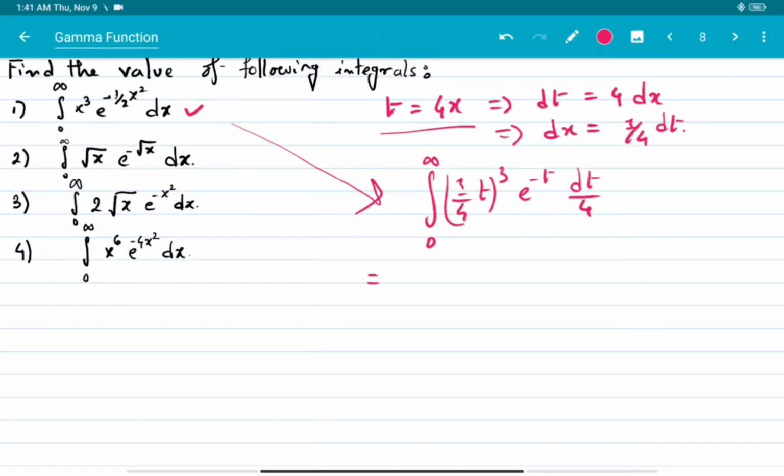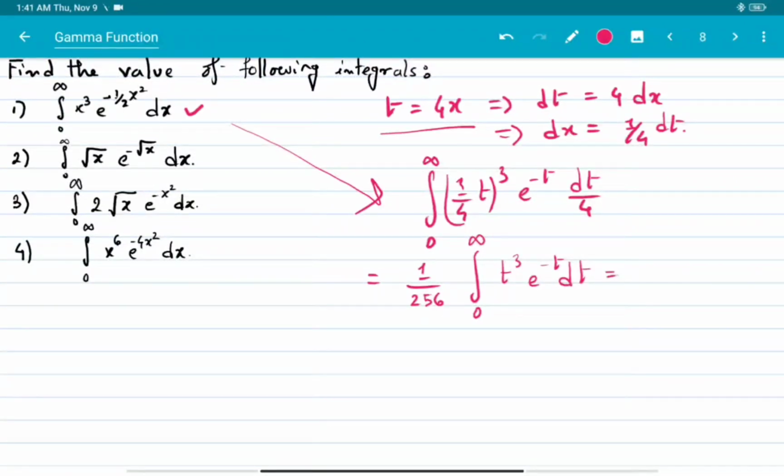So the constant 1/256 will be outside, and the integral from 0 to infinity is t cubed e to the power minus t dt.